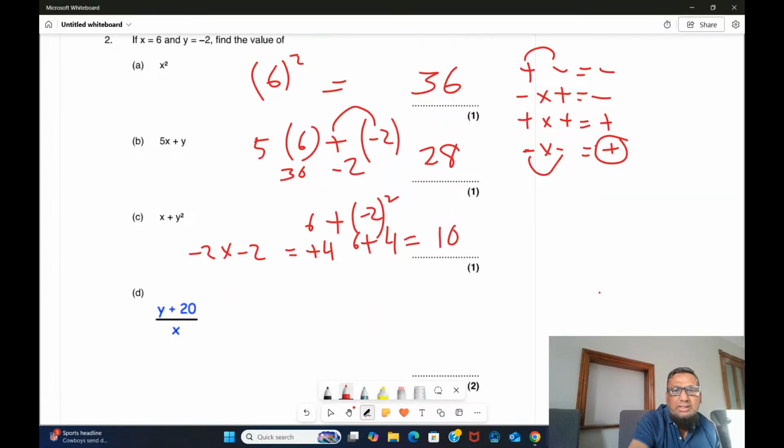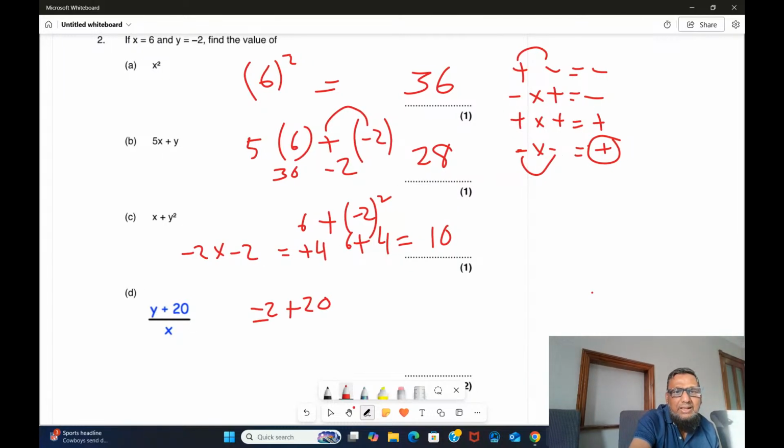Now we're going to solve question D. The value of y is minus 2, so I'm going to substitute the value of y, which is minus 2, plus 20, and the value of x is 6.